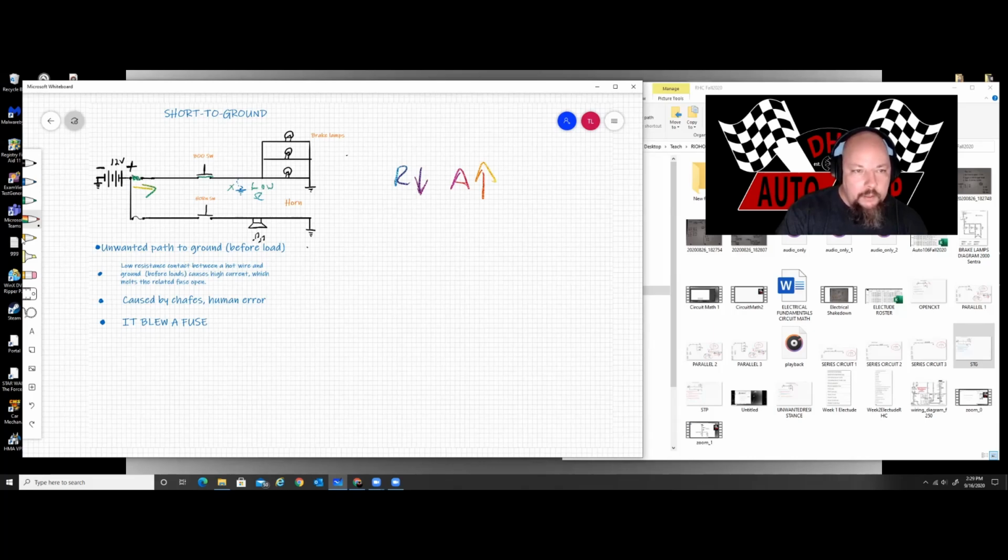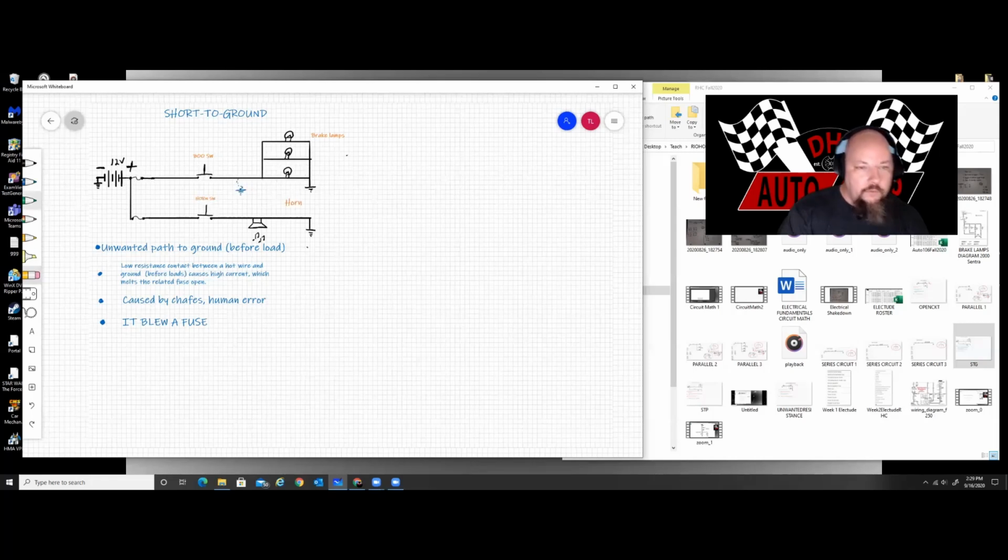This fuse, being a circuit protector, is designed to melt open before the level of heat that opens it affects the circuit in general. Okay, so this is actually what the fuse is for. It's to protect the circuit from high current flow. Okay, that's why it blew a fuse is the big tell for this kind of fault.